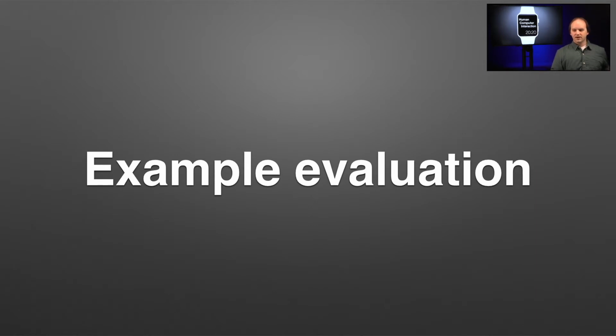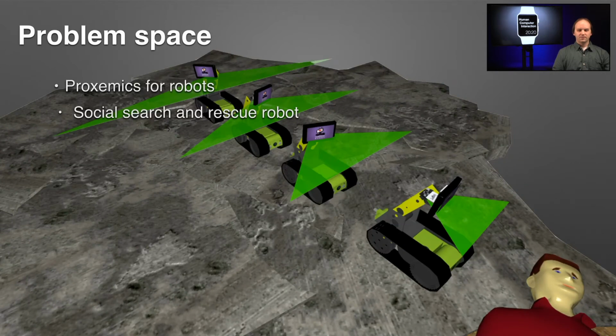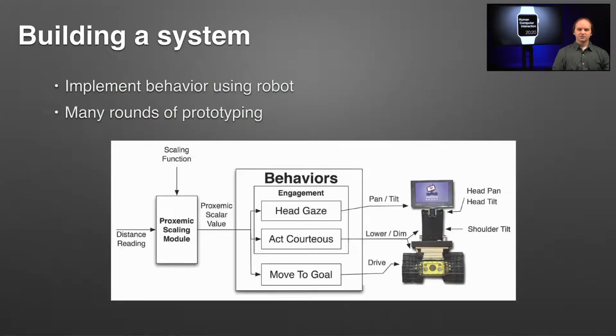So let's jump back into that example evaluation. If you remember, we were talking about using the Survivor Buddy robot for search and rescue, coming up to a person, like we see here. We were talking about scaling its behavior as it gets closer to a person.